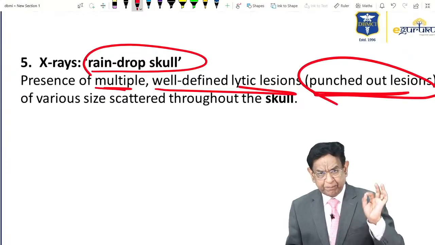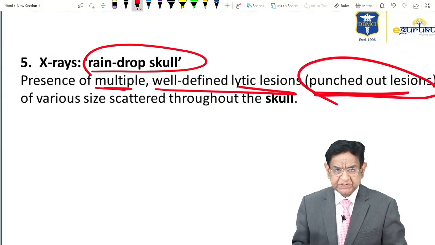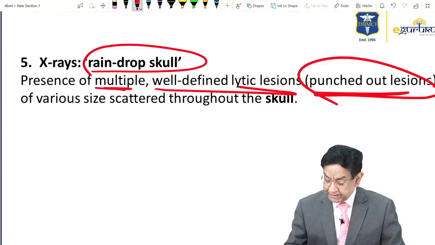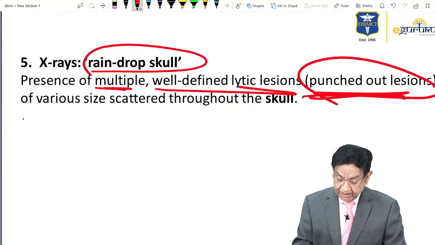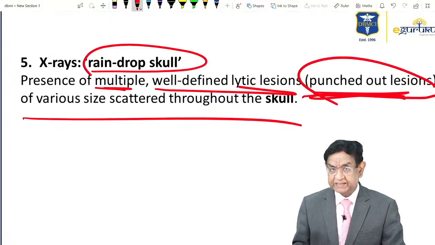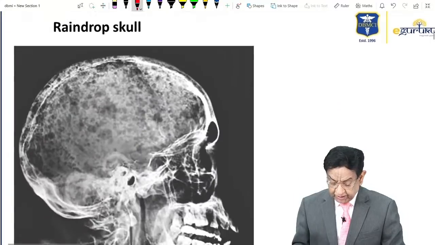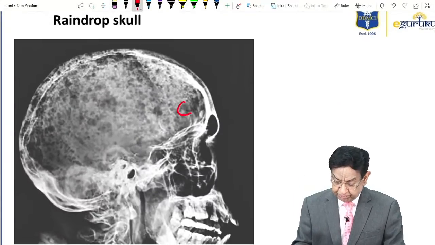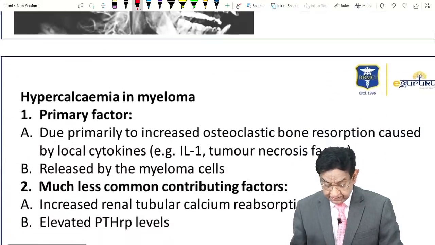If you get a punched-out lesion in the skull X-ray, 99.9% you are dealing with multiple myeloma. Key word to remember. And remember, they are usually seen better in the skull, but you can see them in other parts also. So again, look at this beautiful punched-out lesion throughout the skull: raindrop skull.